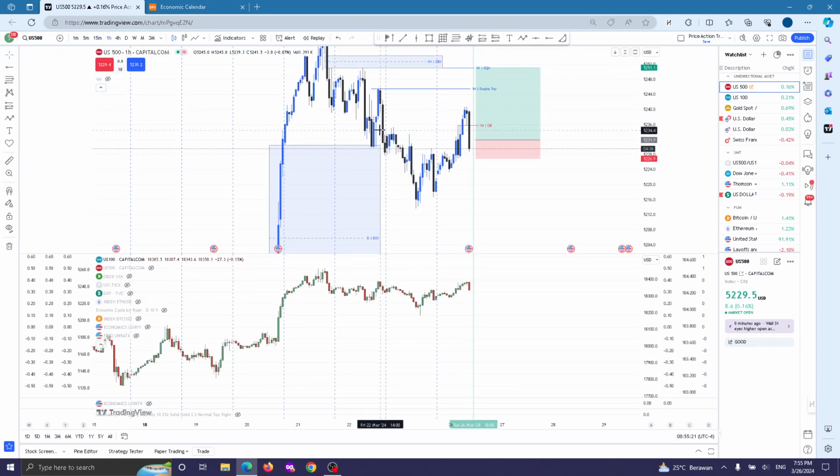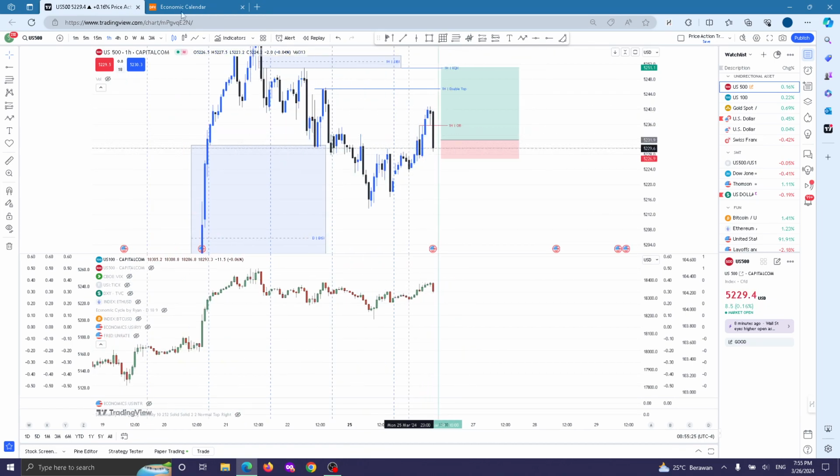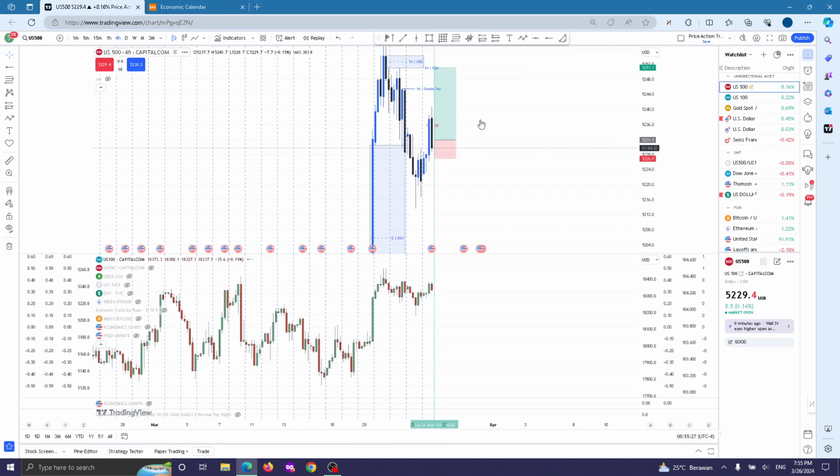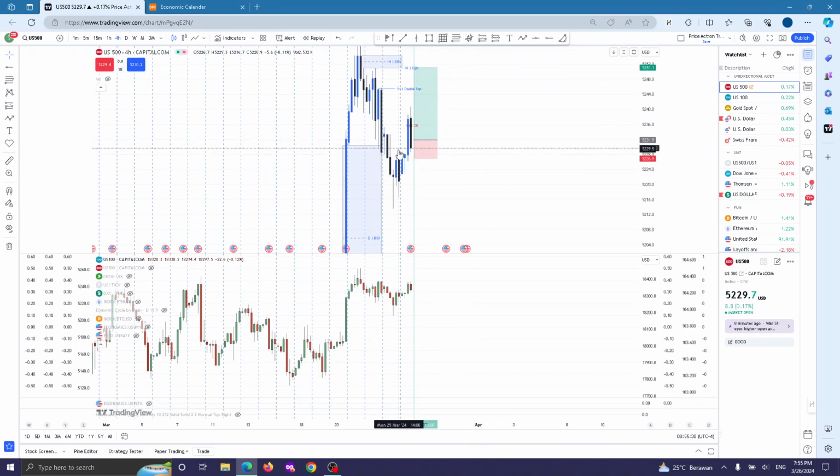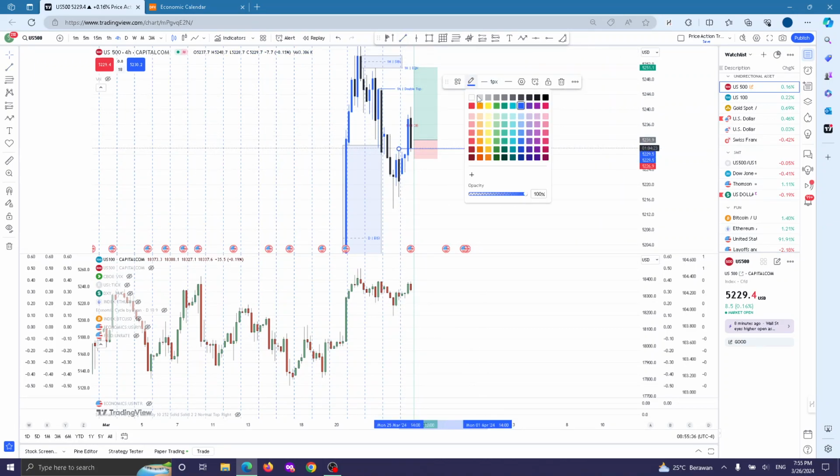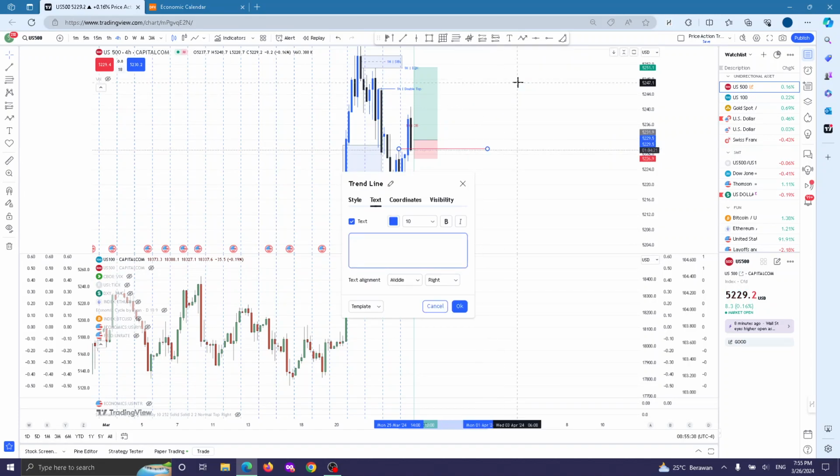We are in this 1 hour CB. Price is moving lower, and I'd like to see a 4 hour PDA to hold, which is this. Gonna mark that up. This will hold price.